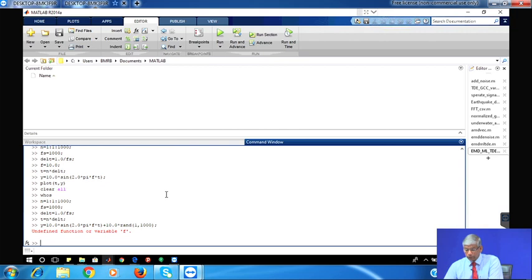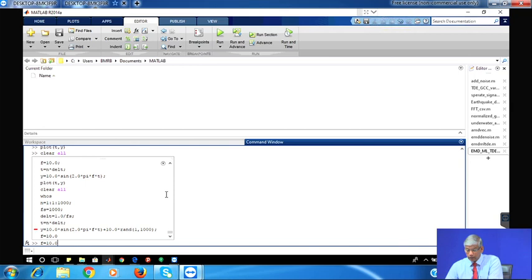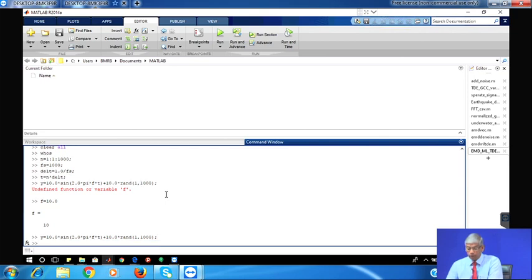I have not defined f here, so while typing I had missed f. I will give f is equal to 10.0 and then execute this command now. Okay. So, you see, because I had missed f, it was not able to compute this expression.